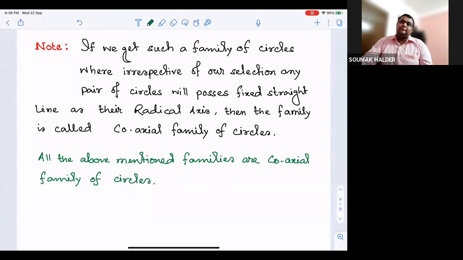Now you might have a query: if all these families are appearing like coaxial families of circles, then how can there be a family of circles which are non-coaxial? Over there you can think of the concentric family of circles. Definitely no two of them will even have a radical axis, so it's definitely not a coaxial family.